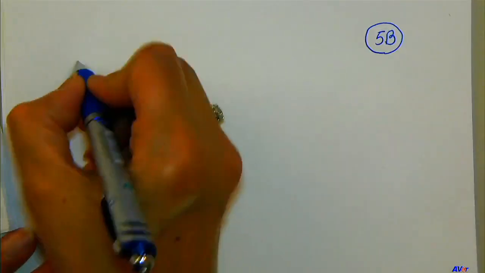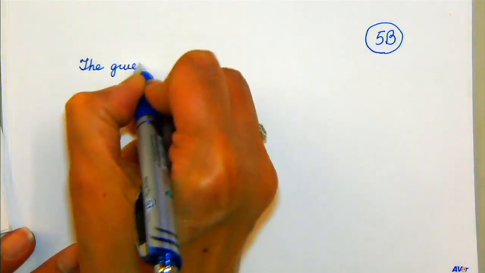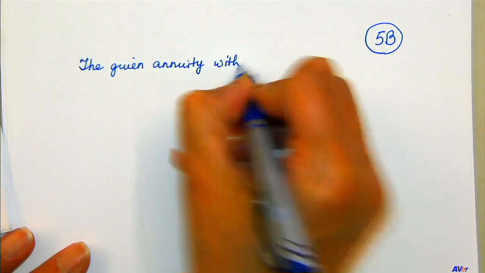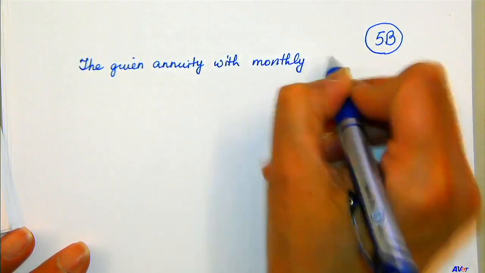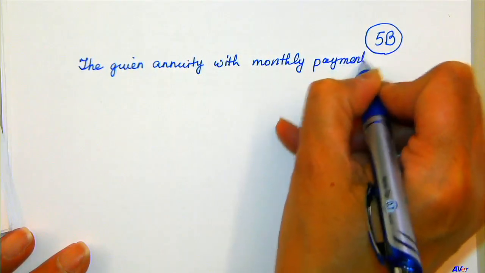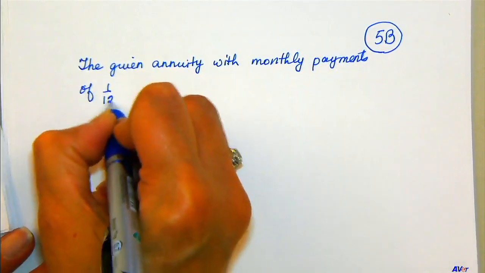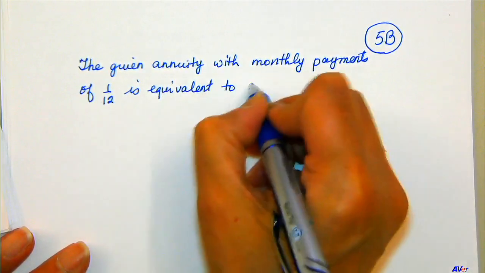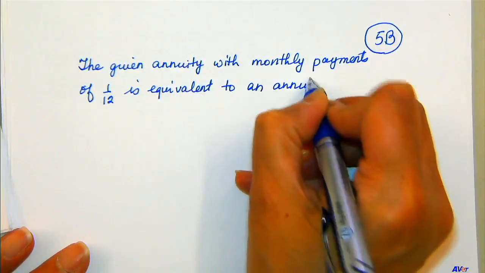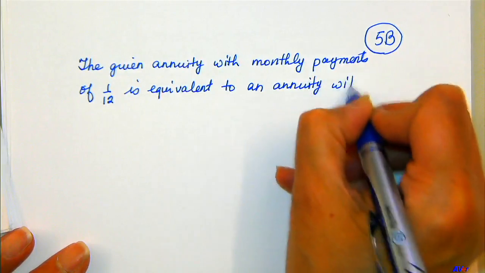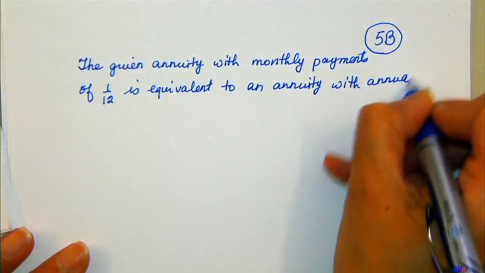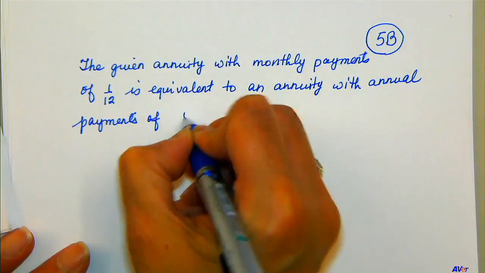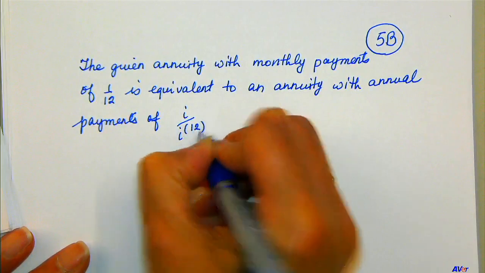The given annuity with monthly payments of 1 over 12 is equivalent to an annuity with annual payments of I over I-12. I'm going to show that.